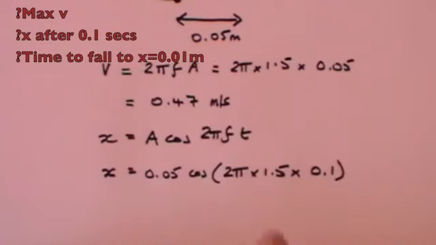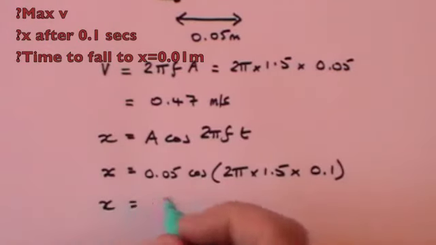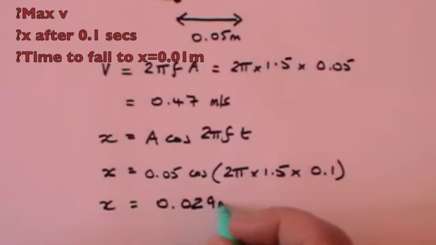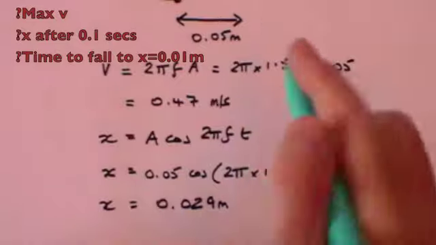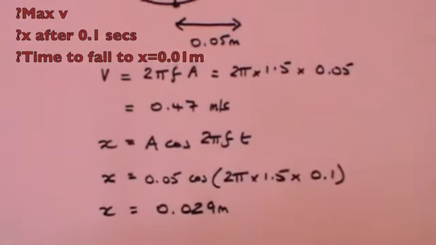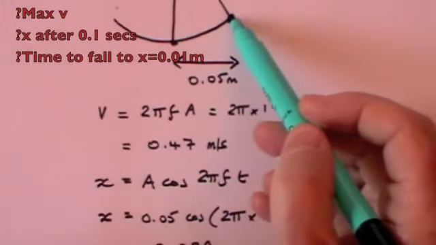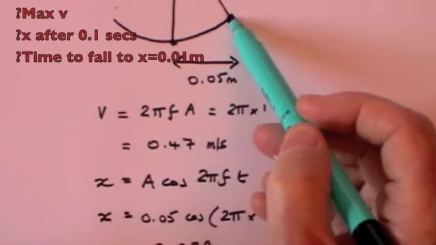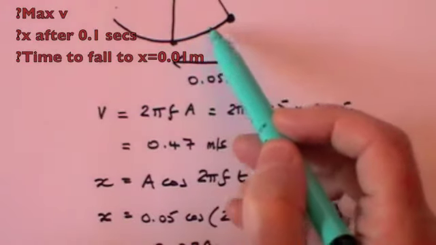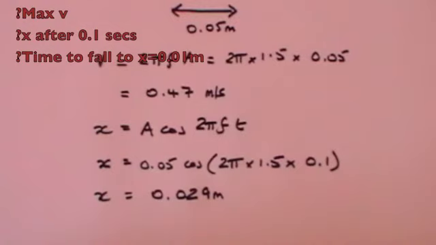And if you work that out, I think you'll find that the displacement comes to 0.029 meters. So after 0.1 of a second, the bob has now moved to a position where from the midpoint it is only 0.029 meters.